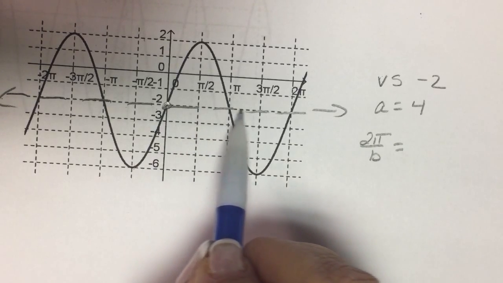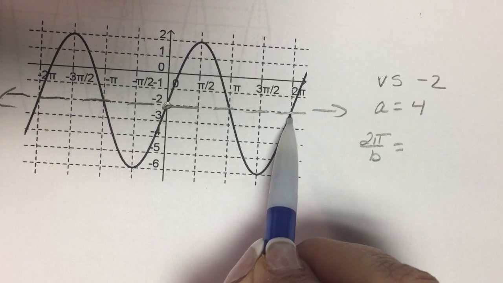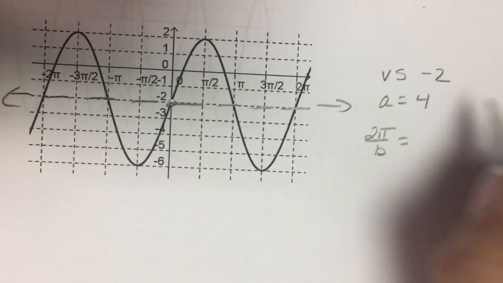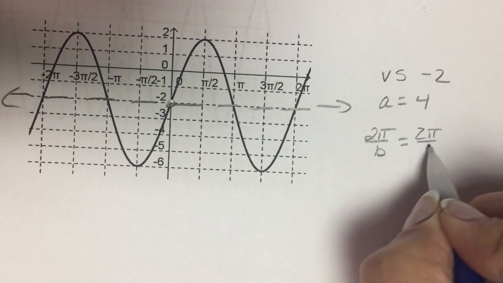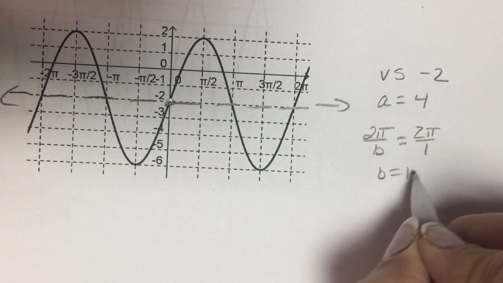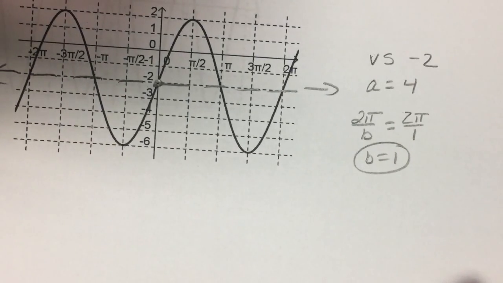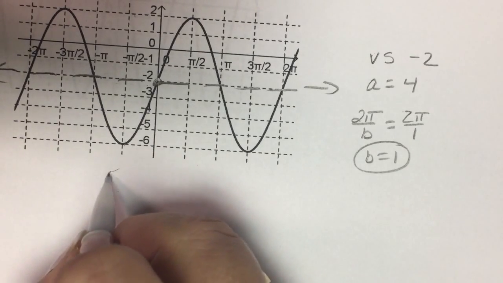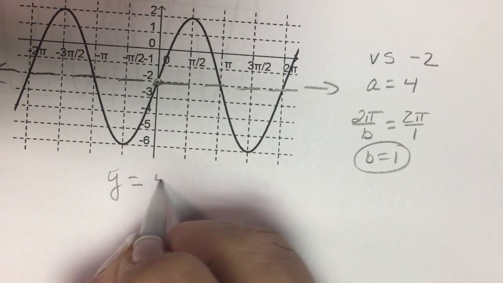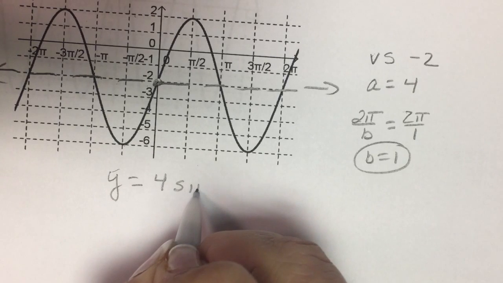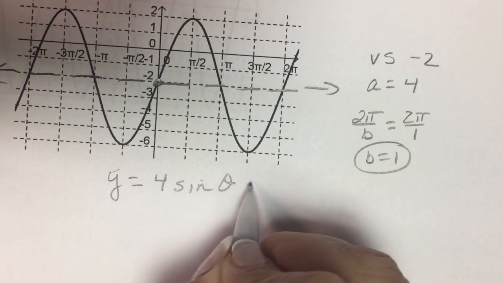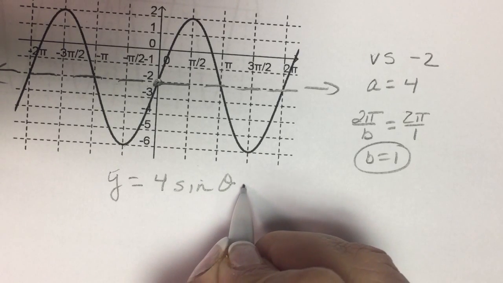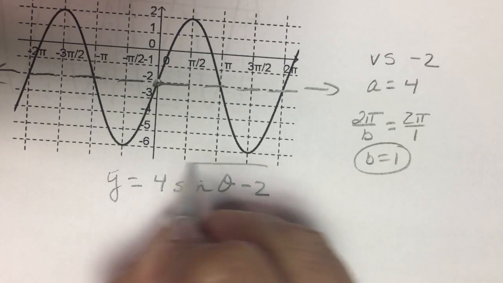If I kind of start here, it begins to repeat right there. So the period is 2 pi. So you can see that your b is going to equal 1. So now we have everything we need. There's no phase shift. So it's going to be y is equal to 4 sine theta, no phase shift, but there's a vertical shift of -2.